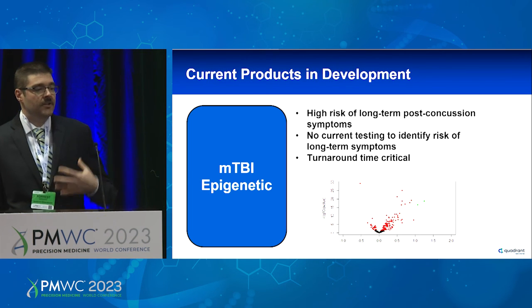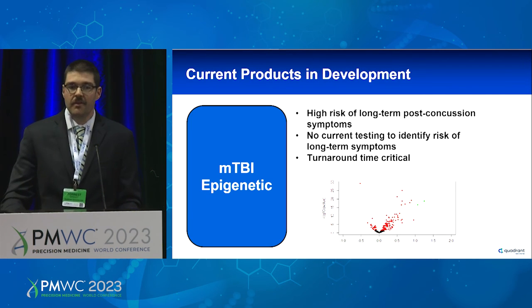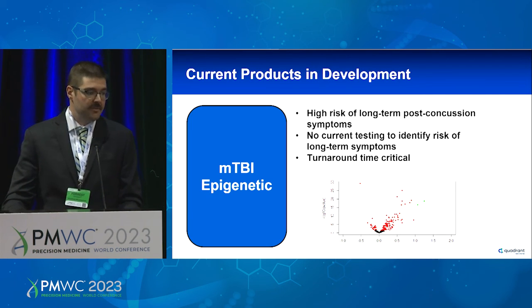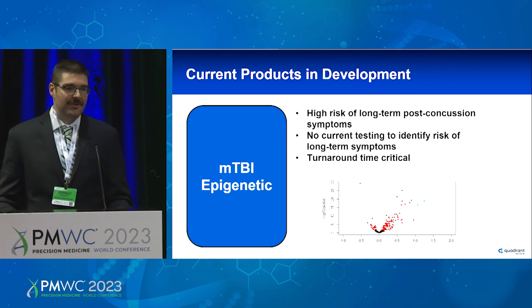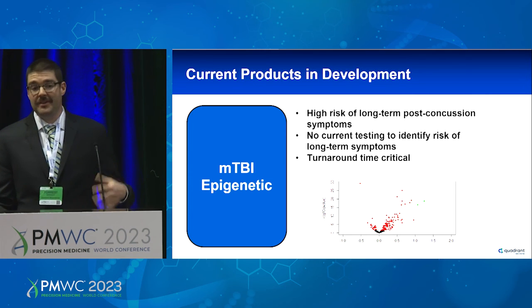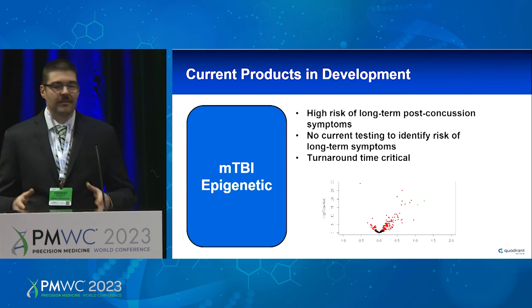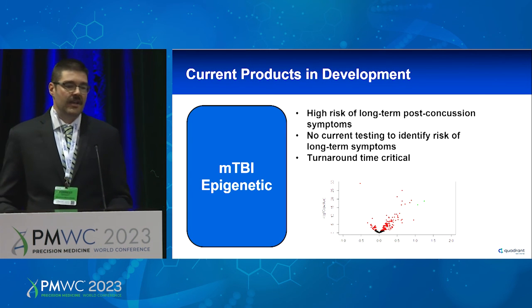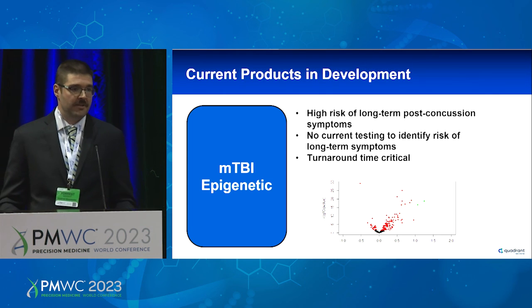And concussions carry a high risk of long-term post-concussion symptoms, and currently there's no testing that identifies the risk for those long-term symptoms. Being a parent myself, I know that the turnaround time in getting results for anything with your kids is really critical. And we, again, as with the autism test, we want to shorten that turnaround time, get responses back to parents and patients as quickly as possible.